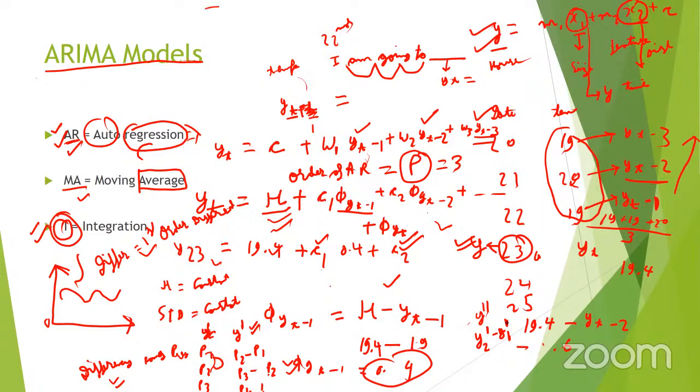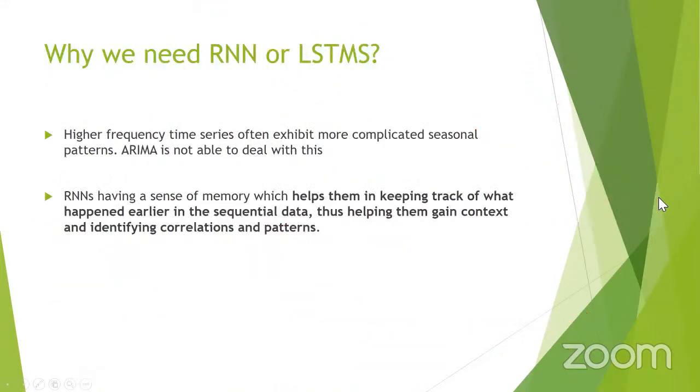Now, the problem with these models is that they are not able to capture a non-linear complex relationship between your yt and your yt minus 1s, right? For solving that purpose, your neural network comes into picture. If we take the analogy of time series analysis with simple AIML models, you know that there are statistical models or shallow learning models, like random forest, for simple data.